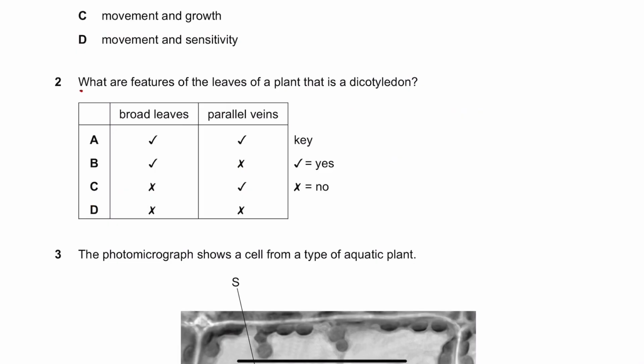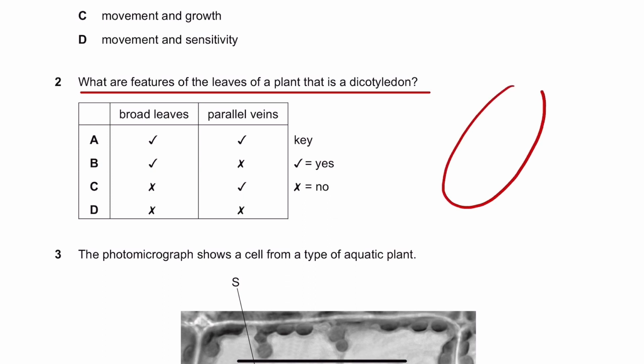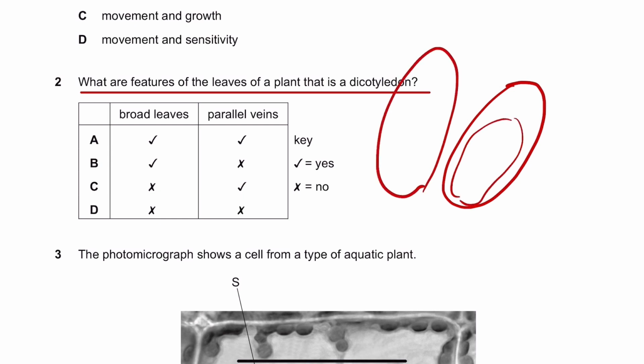Number 2. What are features of the leaves of a plant that is a dicotyledon? The dicotyledon has 2 cotyledons. So if you look at the seeds, some of the plants have seeds that have 2 cotyledons. Cotyledon, simply put, is like a food storage.